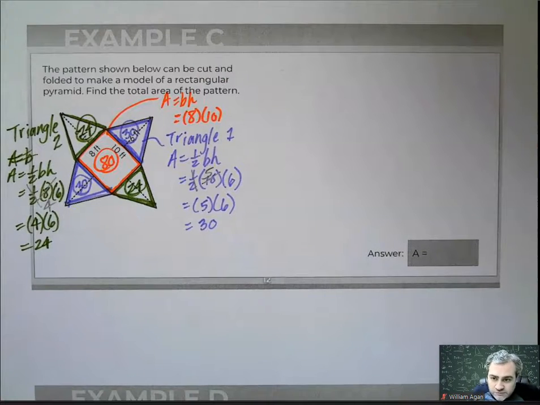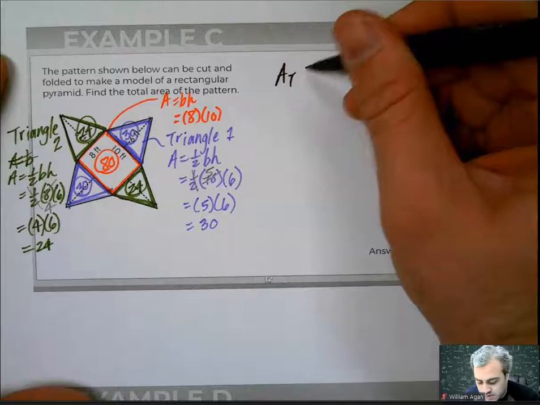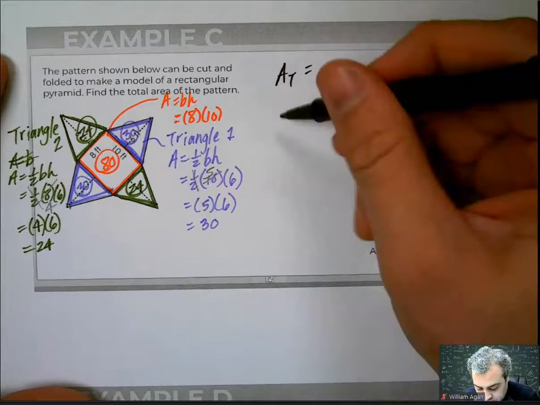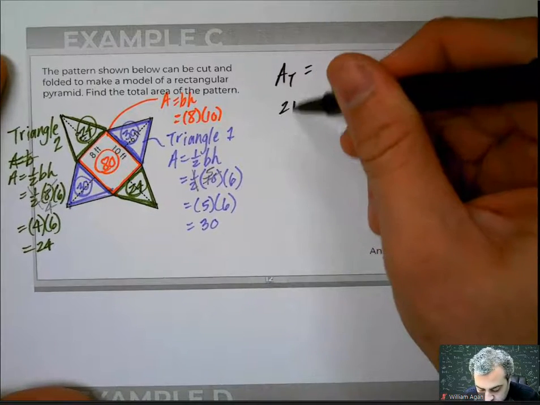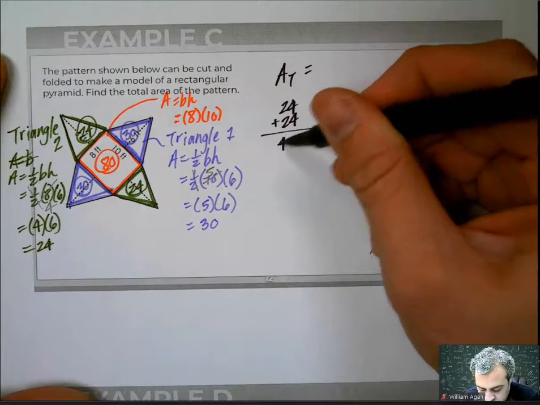So now, all of the shapes, I have found the area for all of them. Now, all I have to do is add it all up. So my total area is going to equal, okay, so I have 24 plus 24, that equals 48.